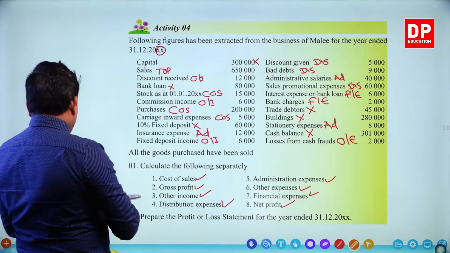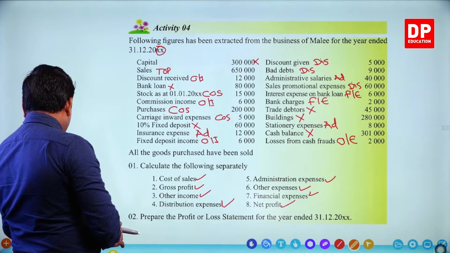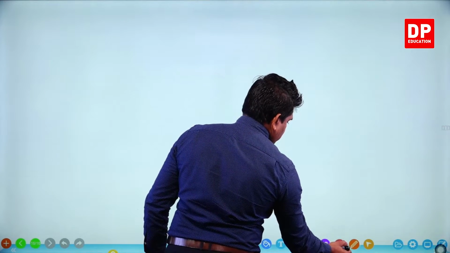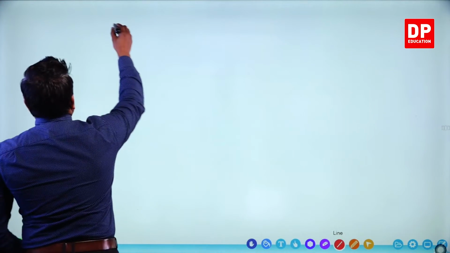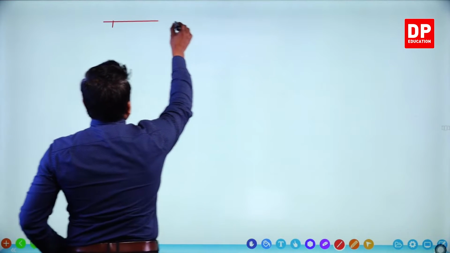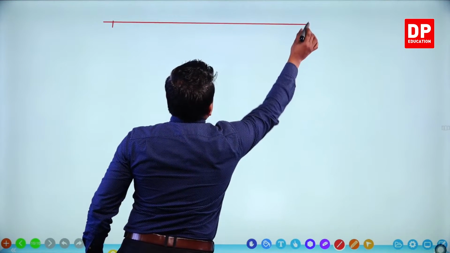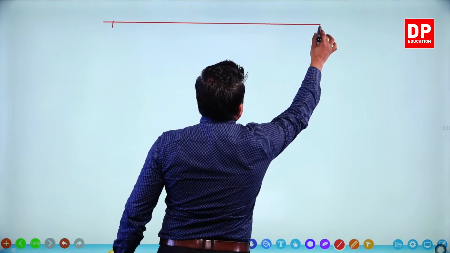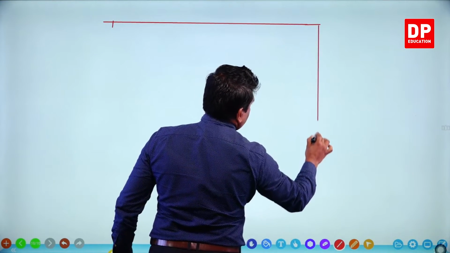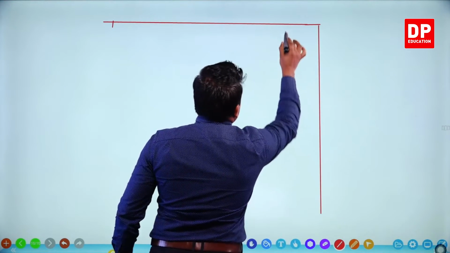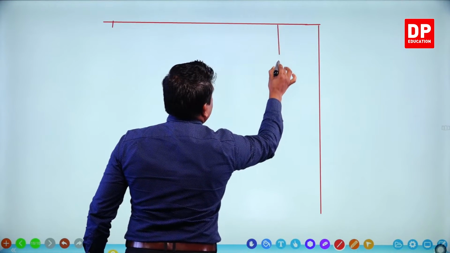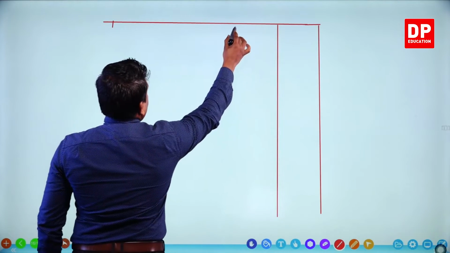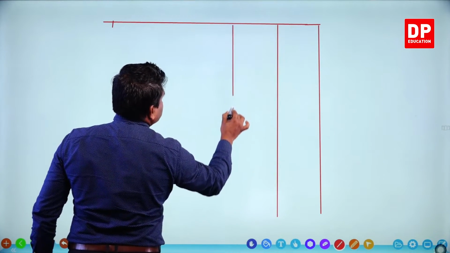Now, I'll draw the format. You use 3 columns right here. It's easy for you when you get the calculation, right?